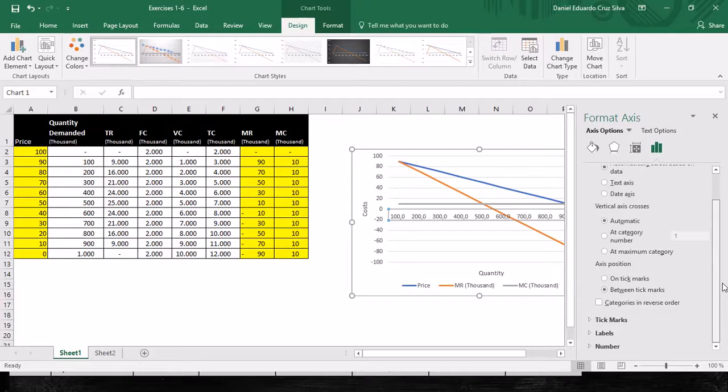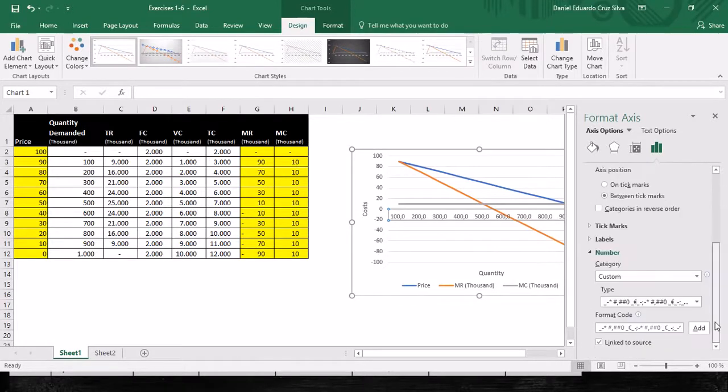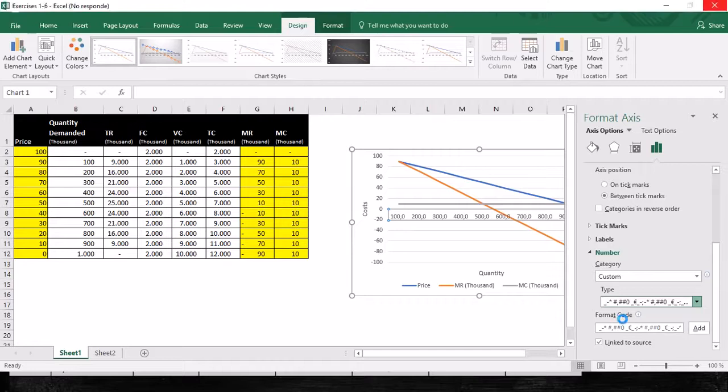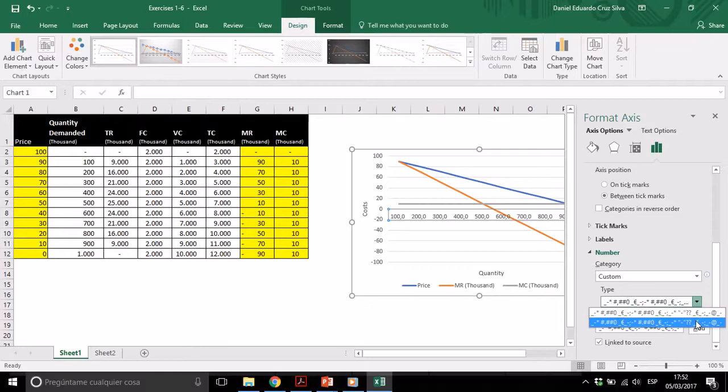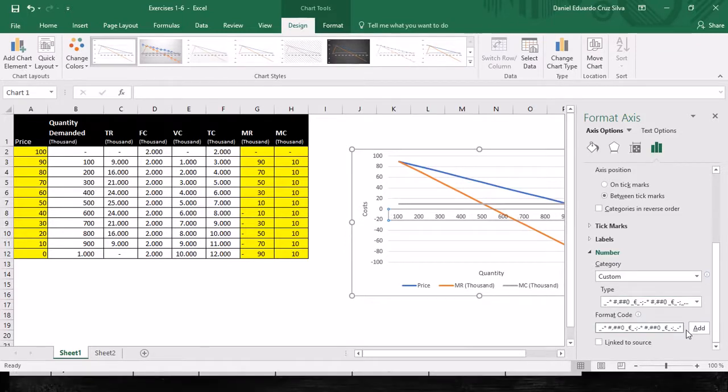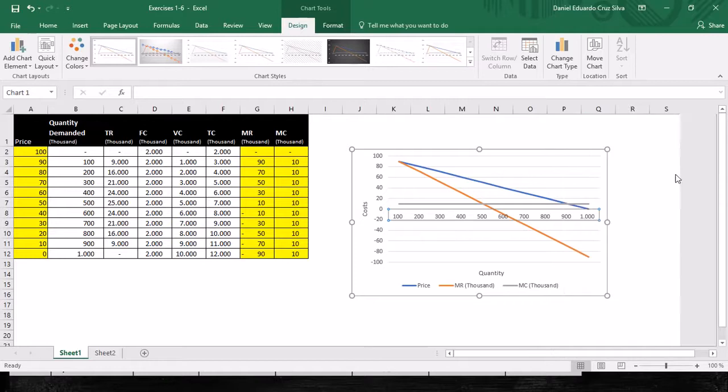Here vertical axis, format axis, number, the type. Okay, we did it. We changed this one.